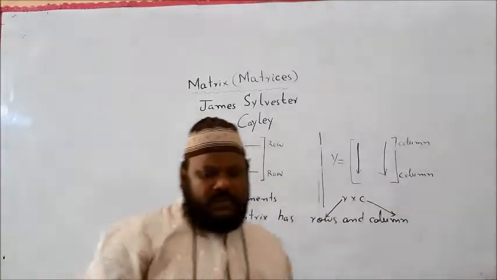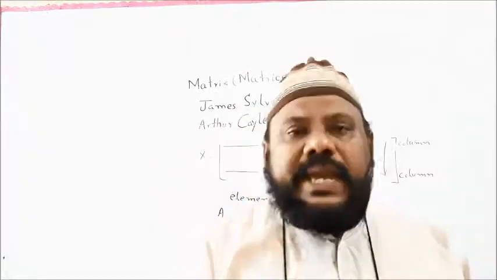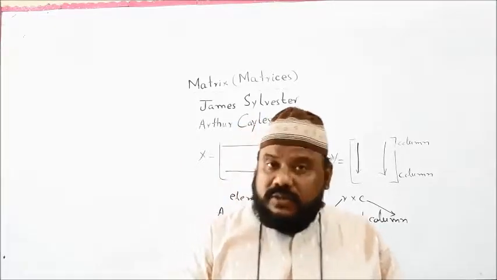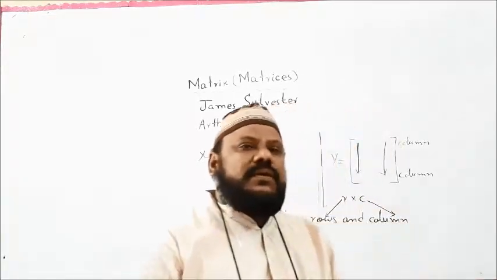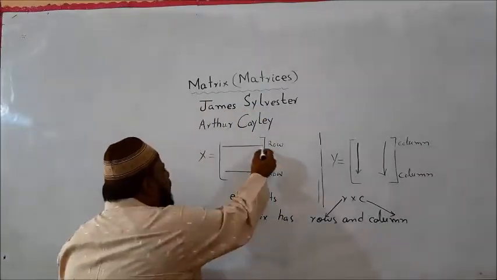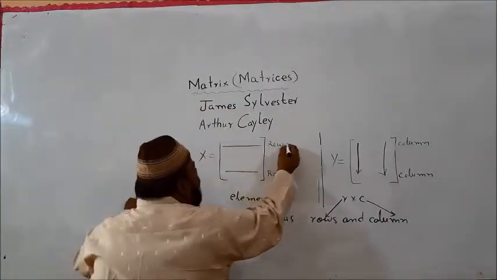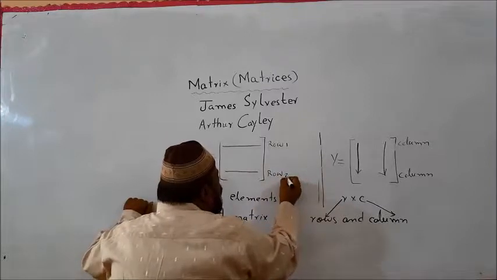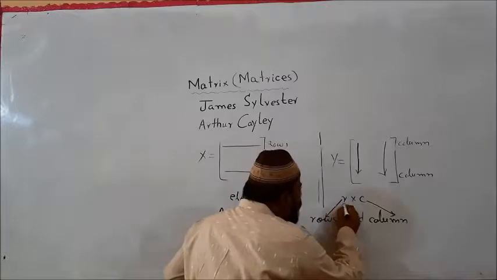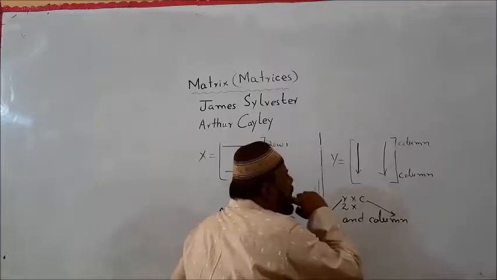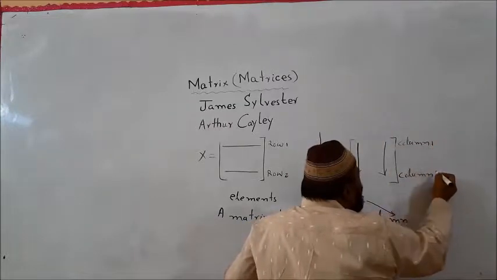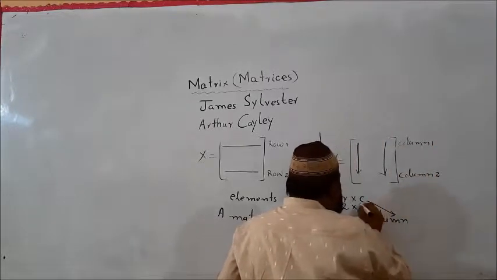How can we take out the ordered pair? What is the ordered pair? For example, here row 1 and row 2, so 2 rows. And here look at column 1 and column 2. So 2 columns.